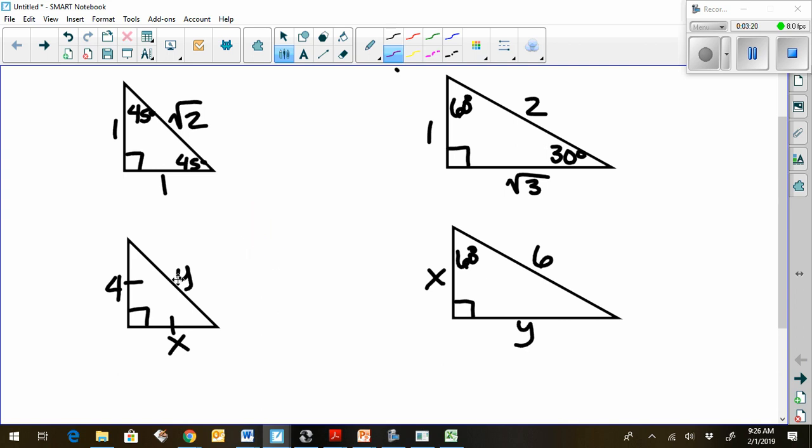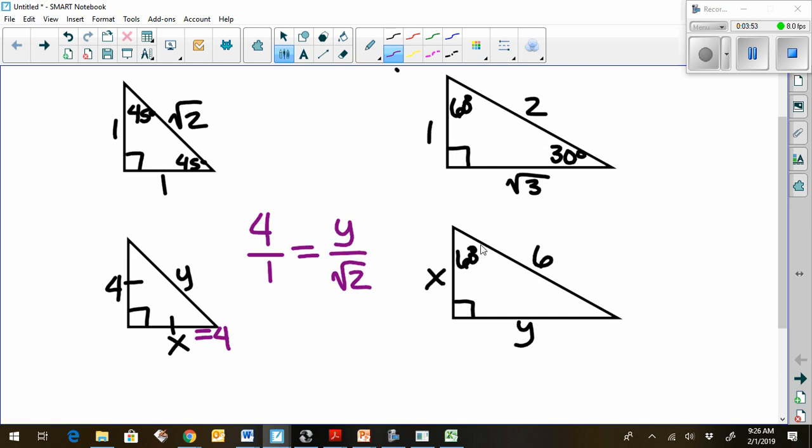We still know that 4 compares with 1, and then y compares with square root of 2. So first of all, we would say that x equals 4. And then to find y, we have 4 over 1 equals y over the square root of 2.